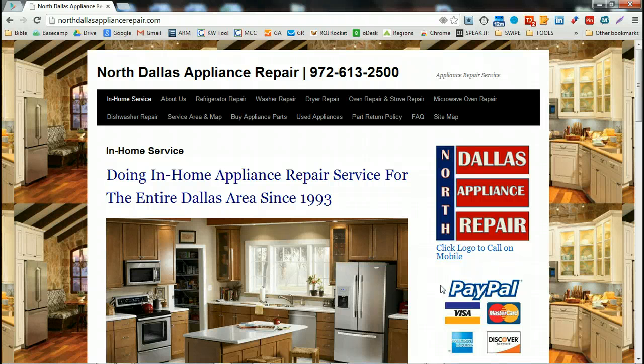It doesn't make you any better quality of service. So I don't even think this is really relevant anymore. Back in the day when the internet first started, this would probably be relevant because a lot of people didn't know how to take money over the internet. But nowadays, everybody can do that. So that's not very persuasive.